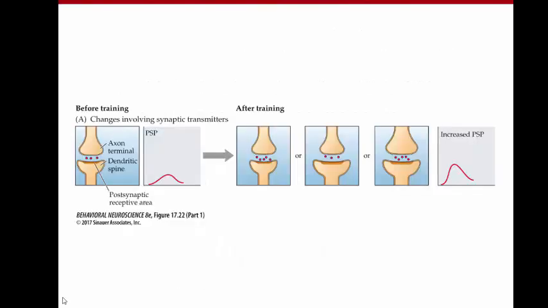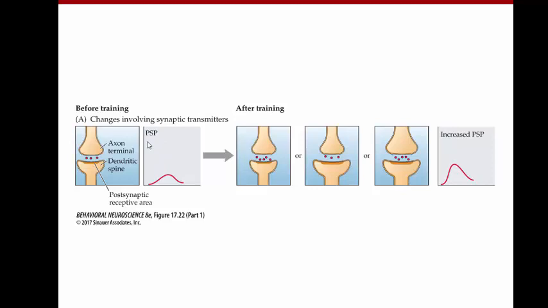Now there are a few pictures coming up to kind of show you what I'm talking about here. So you see the axon terminal, so this is the presynaptic membrane. We've got the neurotransmitter here, and then the postsynaptic membrane here specifically is the dendrite. So it says PSP over here, okay? We're talking about the postsynaptic potential.